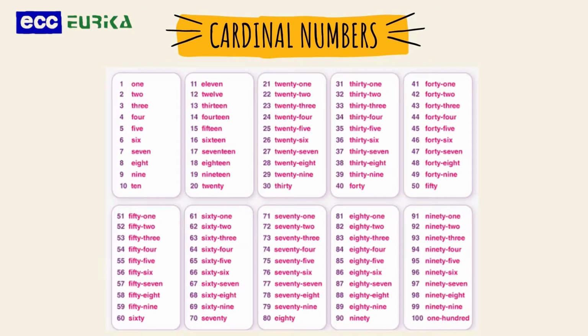Because it's used to define a quantity or to answer the question of how many and how much. And it always starts from 1, 2, 3, 4, 5, 6, 7, 8, 9, 10.